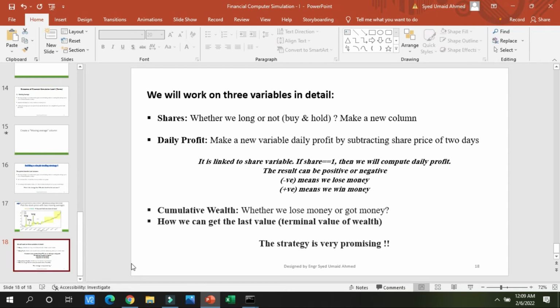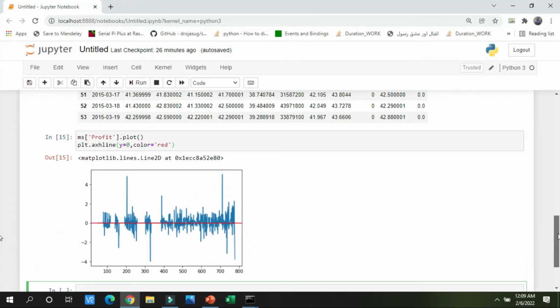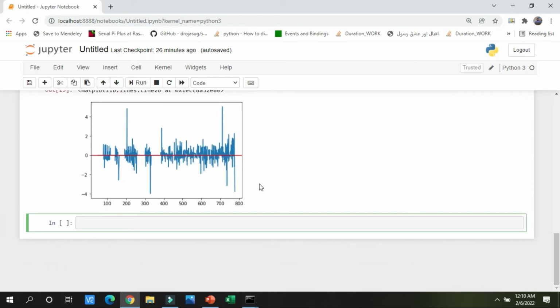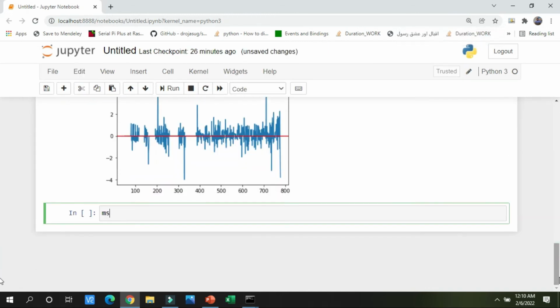And now we will go for cumulative wealth, but before that I am showing you the beautiful picture that is showing the days on which we are making money and the days on which we are losing money. Now we will create a new column for wealth, and I will name this the wealth column, and we are going to create the cumulative wealth.